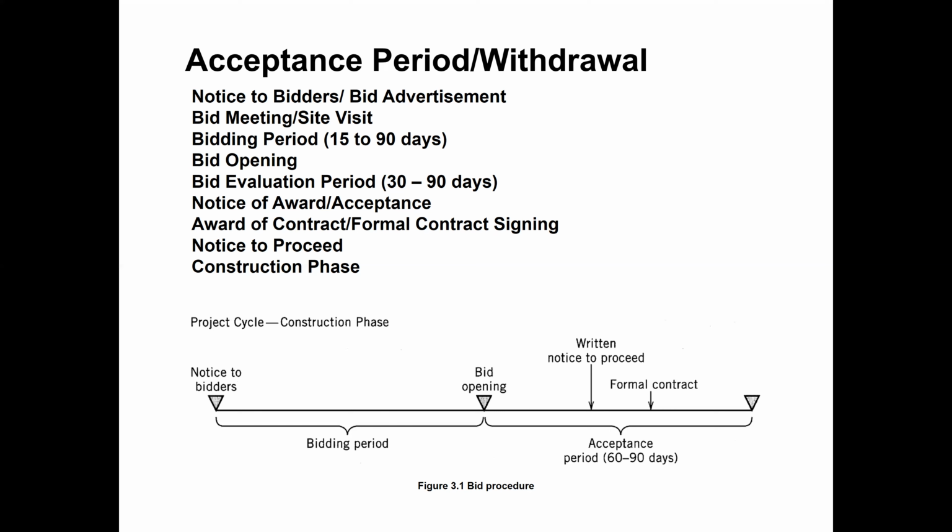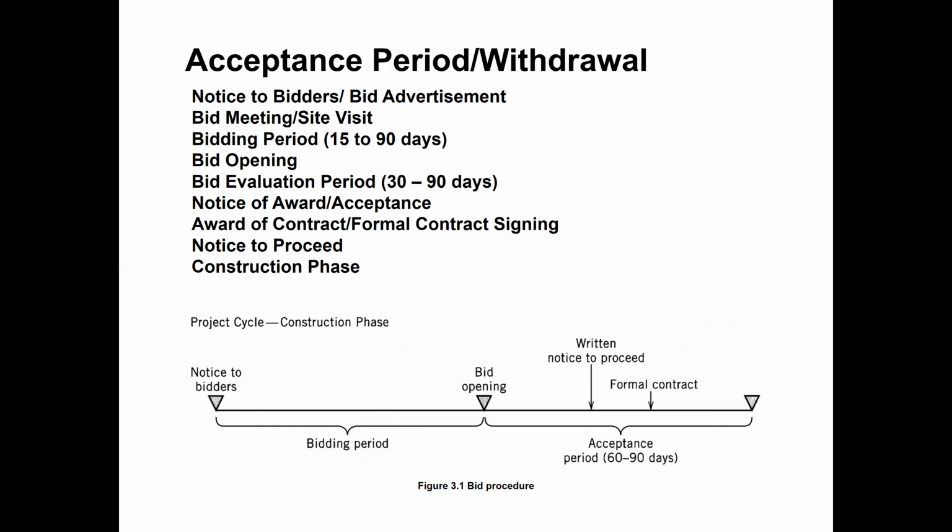It means the selected contractor who won the bid will sign the contract with the owner. So the contract will be awarded and signed after the winning contractor arranges the insurance and the performance bond for the project.